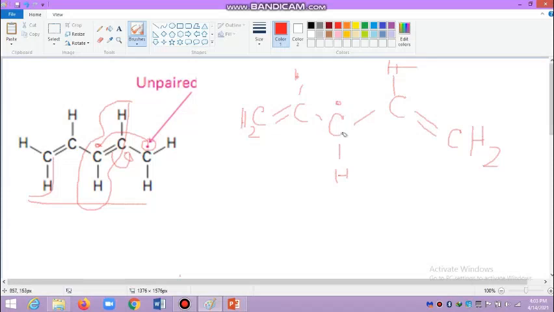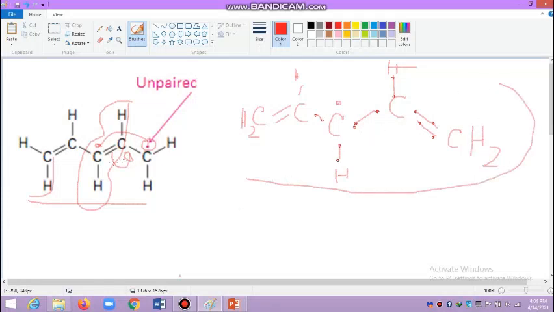On this carbon here, 1, 2, 3, 4, 5, 6, and a radical here. Yes. On this one, 1, 2, on this carbon, 1, 2, 3, 4, 5, 6, 7, 8. So meaning this is a valid radical form.